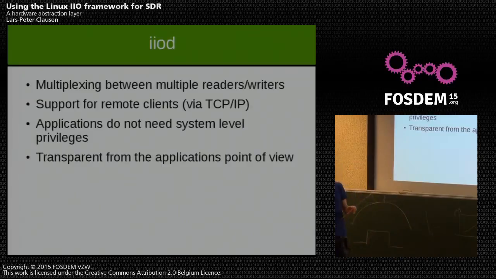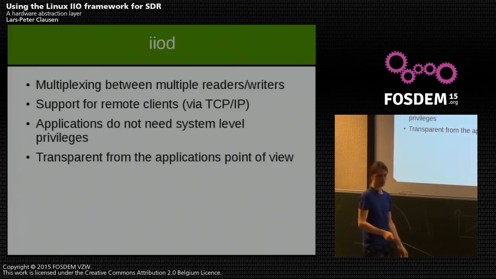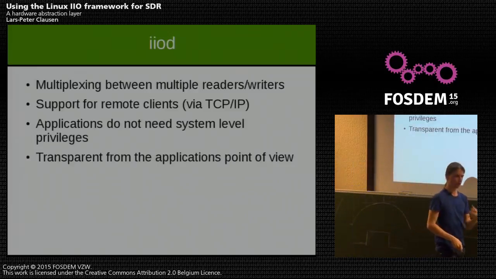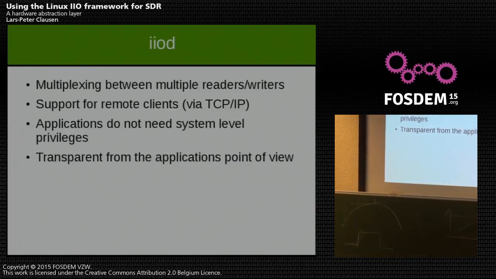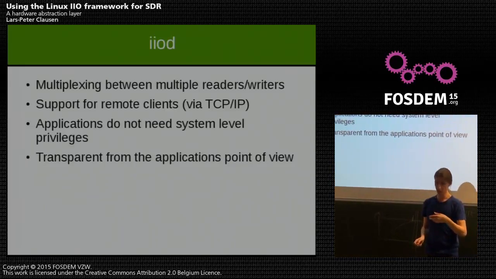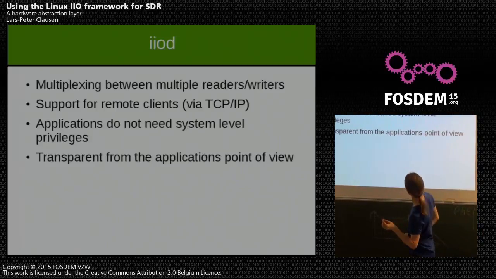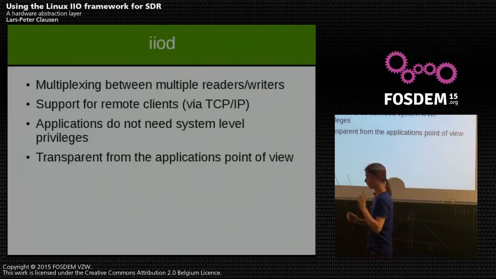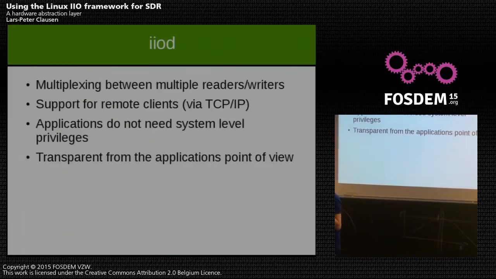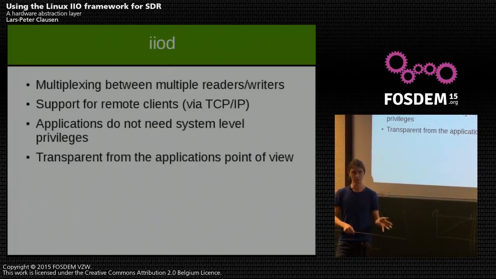So as I said earlier, we have a network backend, and we have IOD, which is a daemon which runs on the board where you have your physical hardware, and it's the server for the network backend. So you connect to the IOD via the network backend. And one thing the IOD also allows is multiplexing different applications. So you have two applications accessing the same hardware.